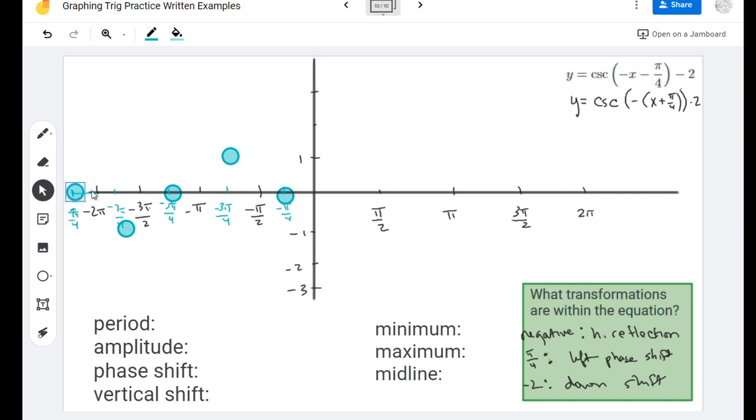So before you scoot it down, what we need to do is put in our asymptotes where these are 0. Alright, so that's what I'm doing real quick. So there's an asymptote here, here, and here. And then we can scoot it down because we know where those asymptotes were.